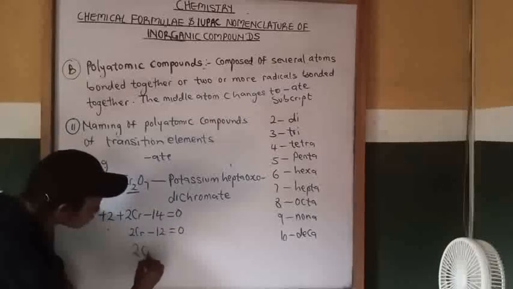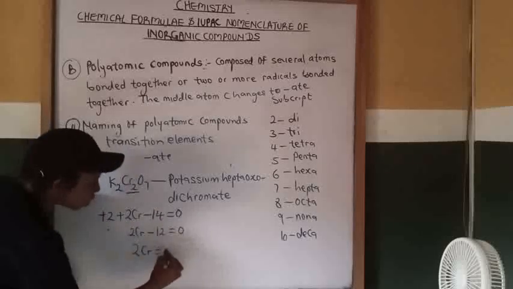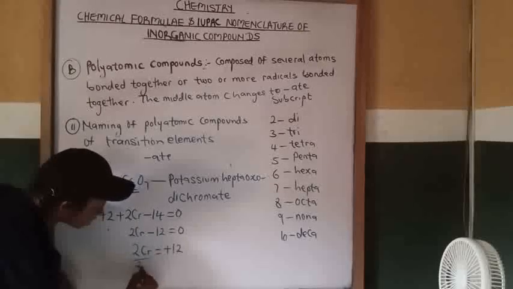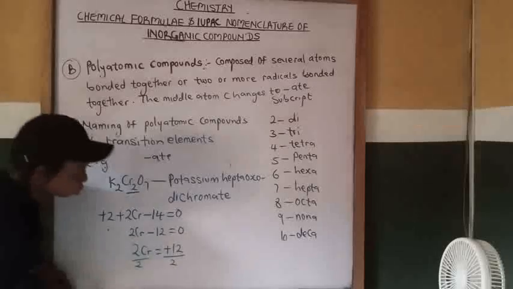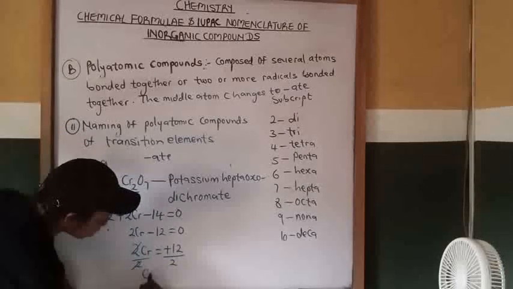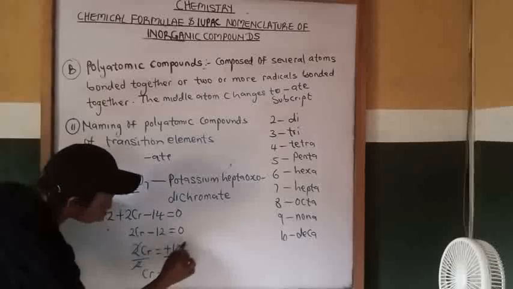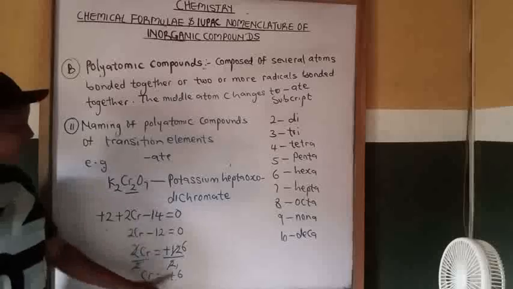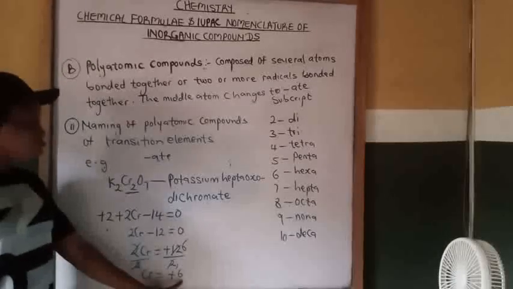So 2Cr equal to -12; moving it to this side changes it to +12. Then divide both sides by 2. So Cr equals 12 over 2, which is 6. So the charge on chromium is +6.